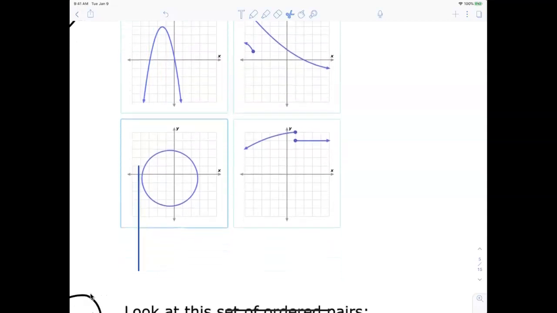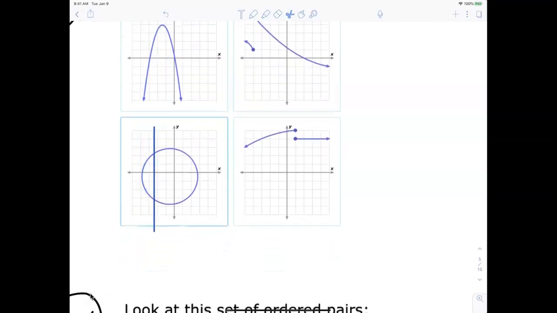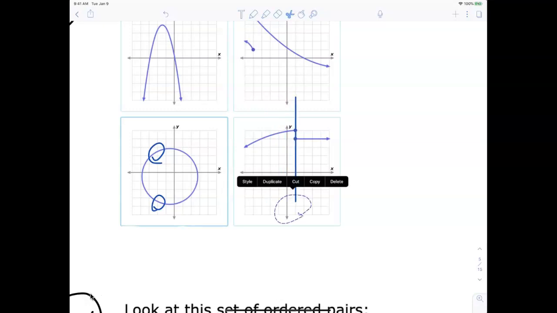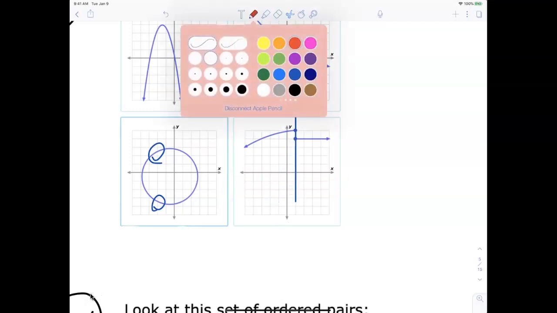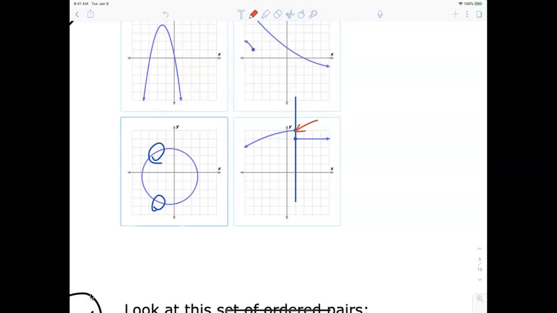If we go down to the one on the bottom here, that's obviously not a function, right? Because it would touch at this point and this point twice. Now let's come over here. Vertical line. Uh-oh. It looks like a function until we get to this point right here. Notice this point and this point.